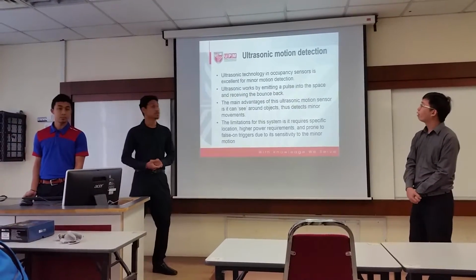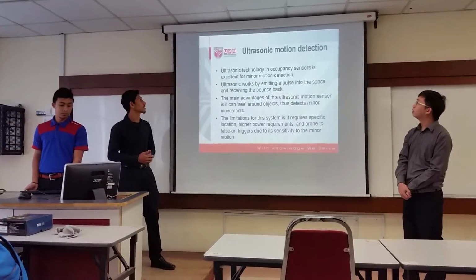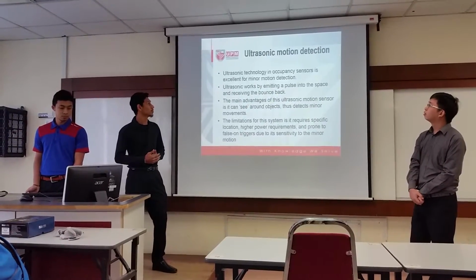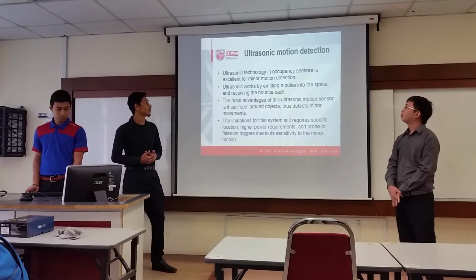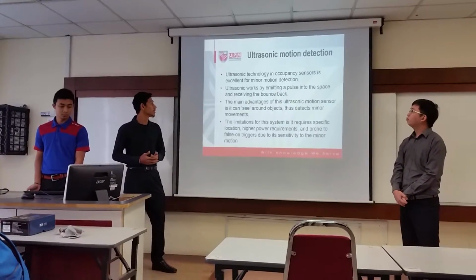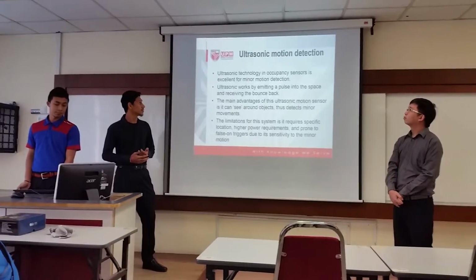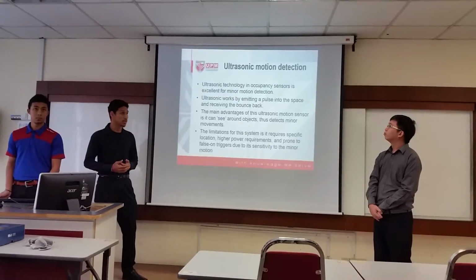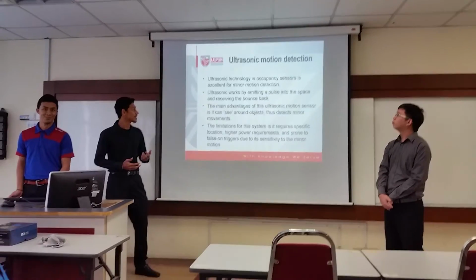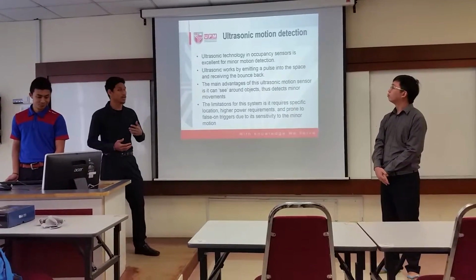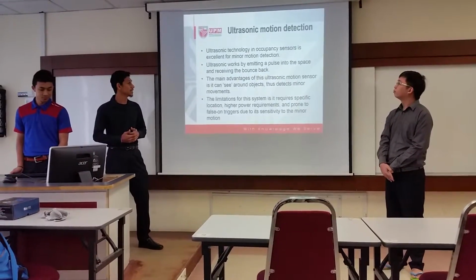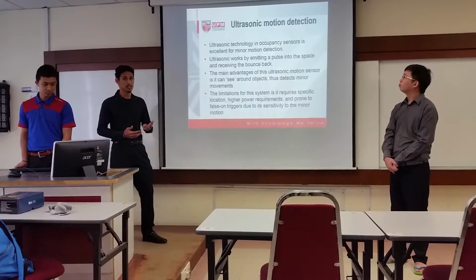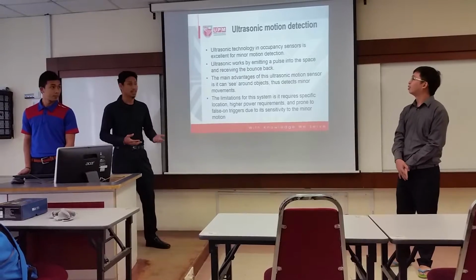Moving to the next point, which is ultrasonic motion detection. Ultrasonic technology in occupancy sensors is excellent for minor motion detection. Ultrasonic works by emitting a pulse into a receiver and it bounces back, so it can know the range of the object.